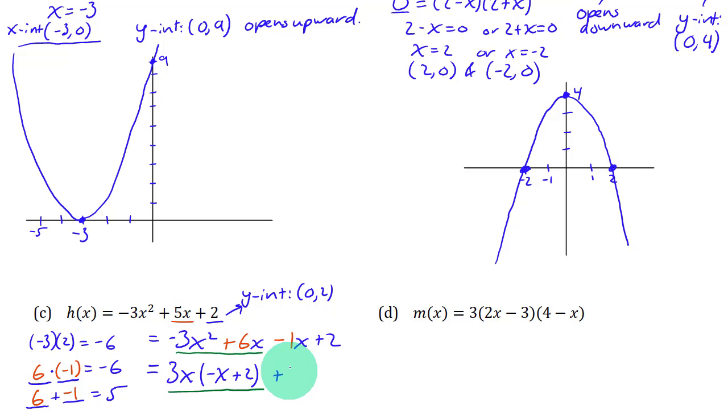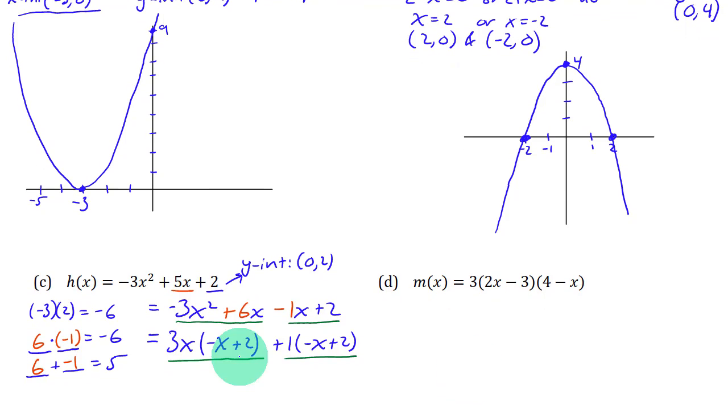So I'm just going to write that as plus 1 times negative x plus 2. And then both of these big terms now have a negative x plus 2 factor in them that you can take out. So after you take that out, there's 3x plus 1 left over, and it's all times negative x plus 2.